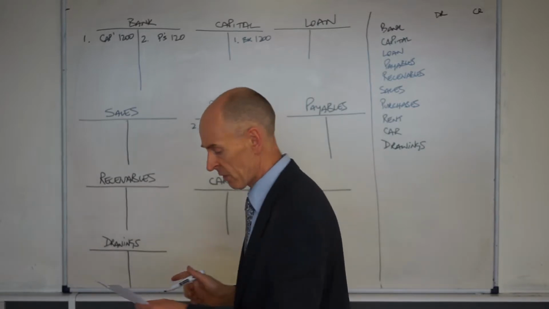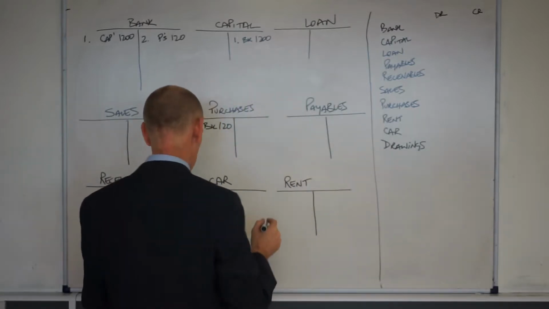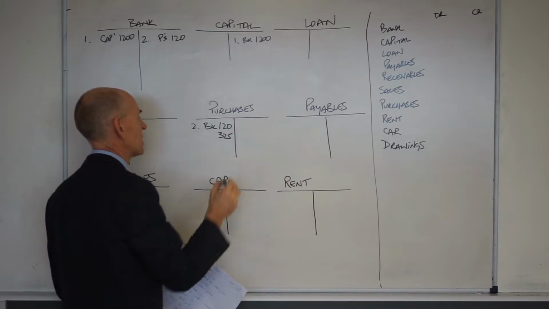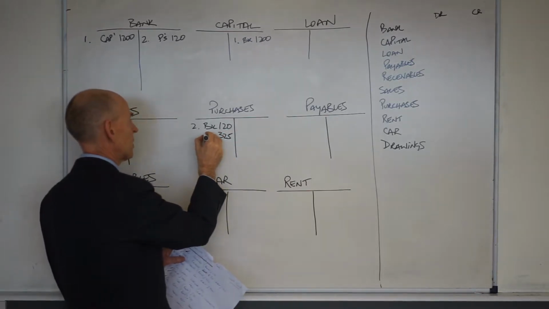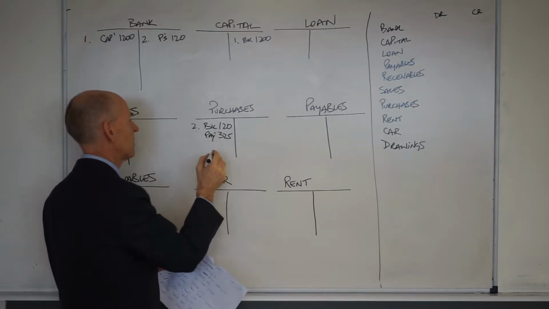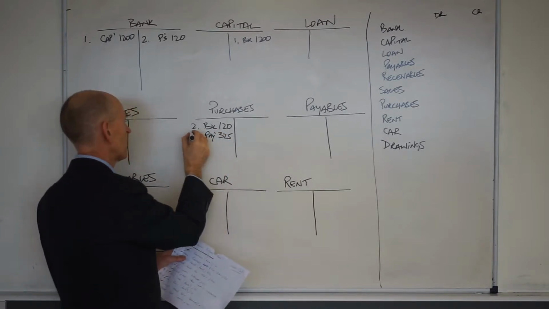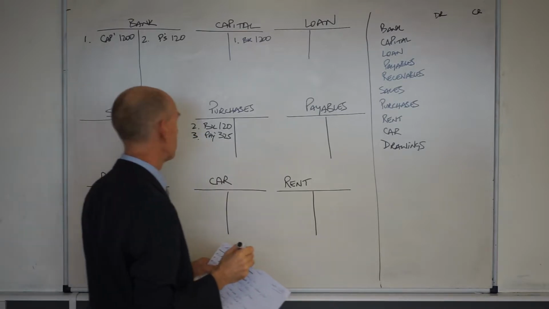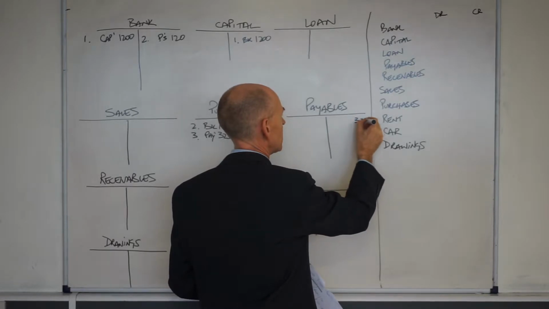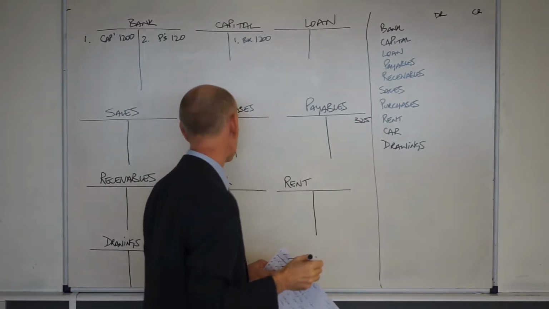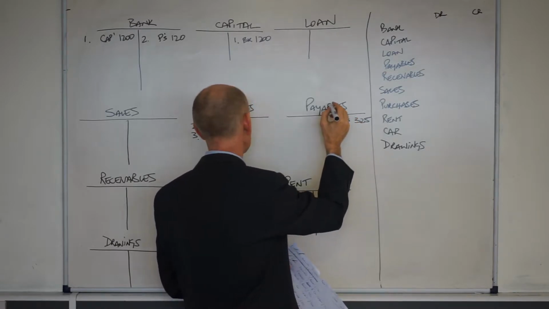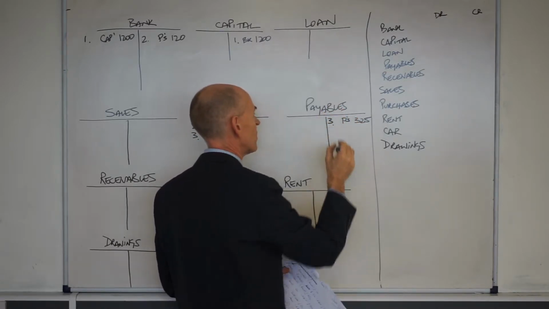So we make the £325 debit to purchases, because purchases are an expense. It's going to payables, which I'll abbreviate. It's transaction number 3. And on payables, £325, liability therefore credit. It's from purchases, abbreviated, and it's transaction number 3.